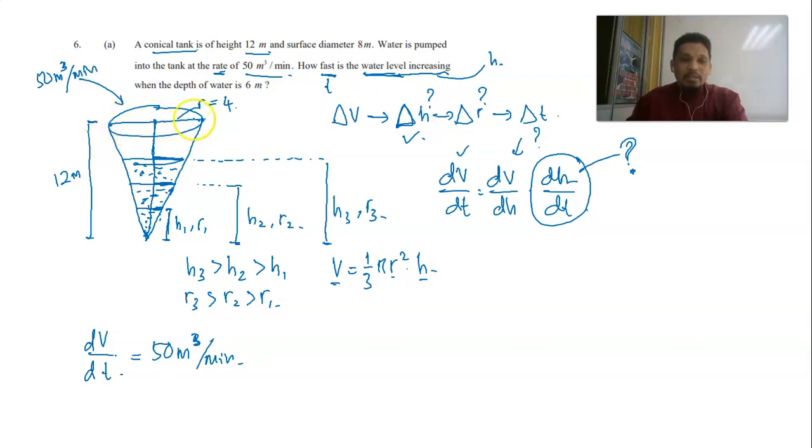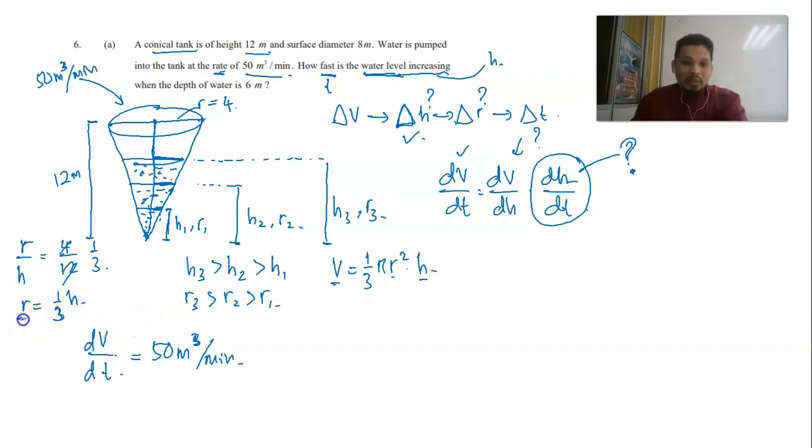We have the radius of the surface of this circle for the cone as r, and the ratio with the height: radius equals 4 and the height is 12. 4 over 12 is 1/3. So r equals 1/3 h.